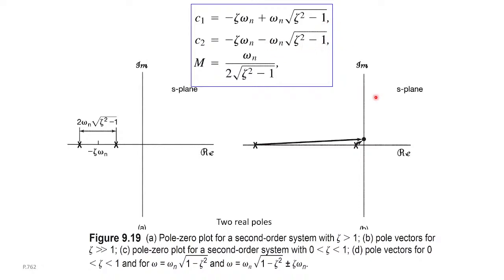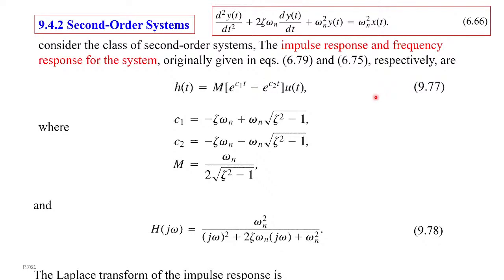And I think we will assume omega n is positive. Omega n should be a positive real number. It can be negative or positive, but it's better to choose it positive because the convention is to choose omega n positive, and everything should be real here.